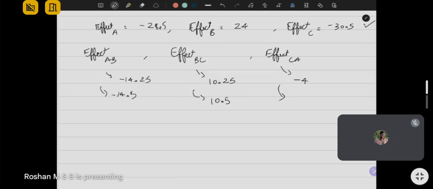CA, and ABC is 14. This is correct. This is correct.